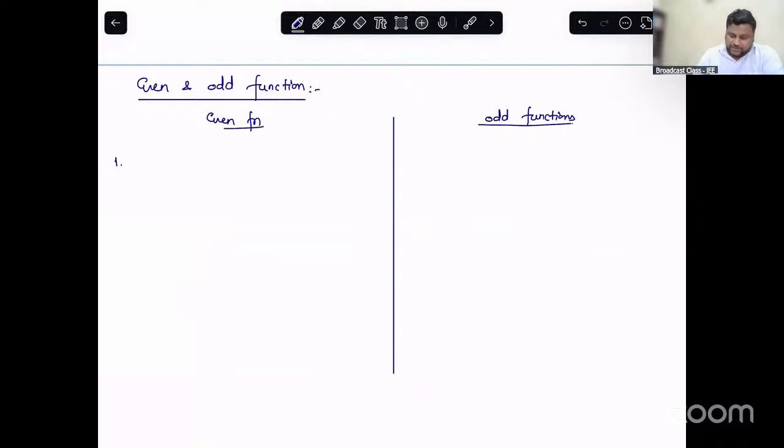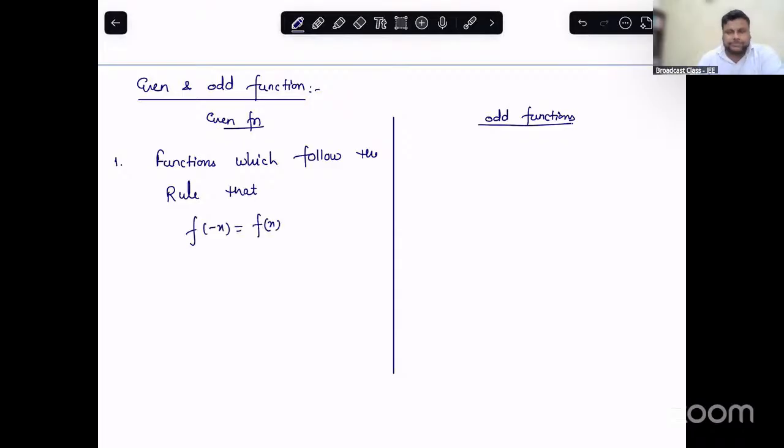Number one, functions which follow the rule that f of minus x equals fx, f of minus x equals fx for every x, minus x belonging to the domain of the function.